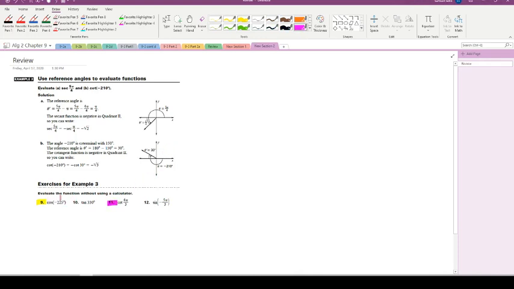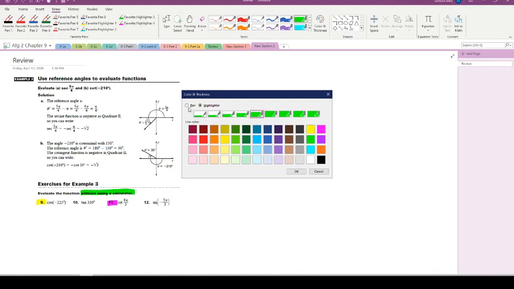They want us to evaluate the function without using a calculator, which means that it's one of the special angles, 30, 60, or 45, 45 right triangles. So let's start with the first one, and let's do red here.